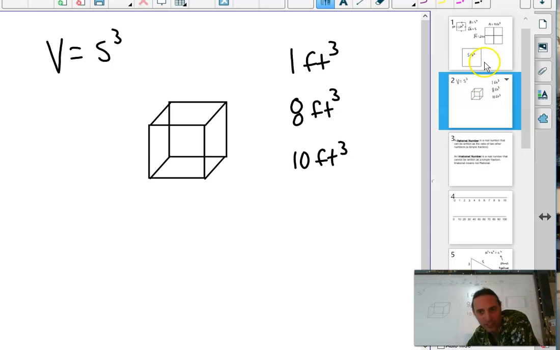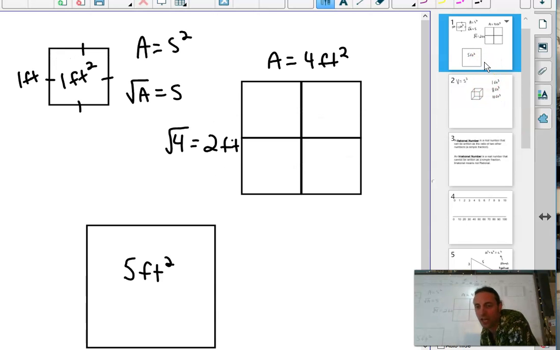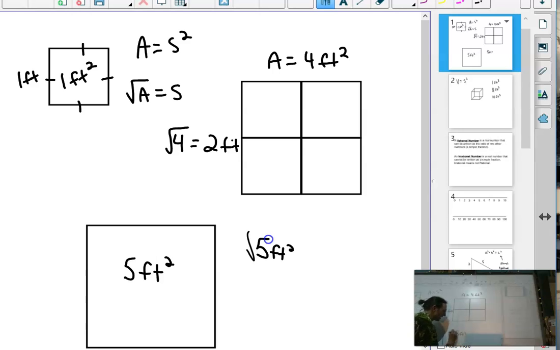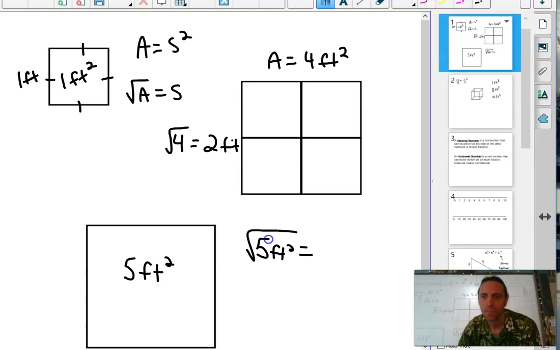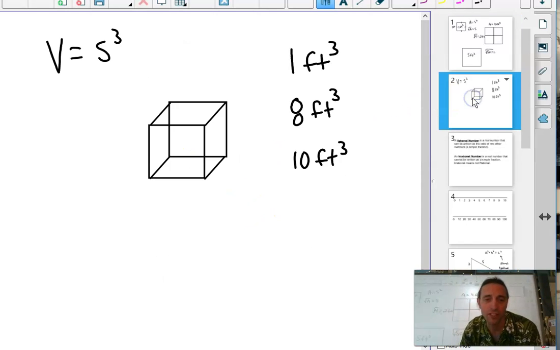So let's just go back a second and go through this. What we're really doing here is we're taking the square root of the area to find the side. So for this one here, it'd be like the square root of 5 feet. I would need my calculator. If I did these, of course, I'm not dividing by 3. I'm actually finding the cube root.